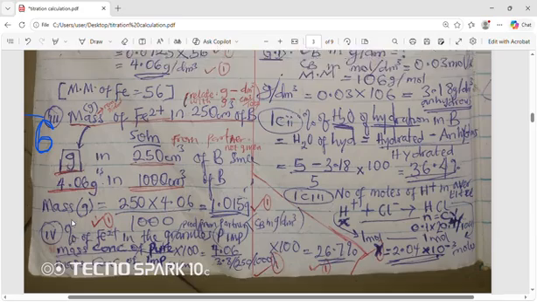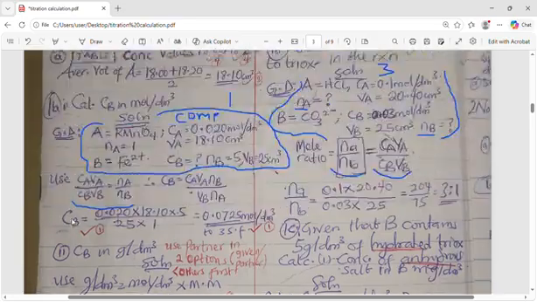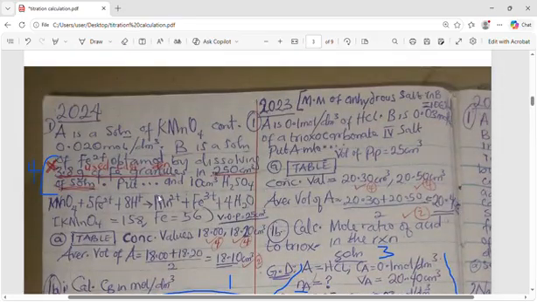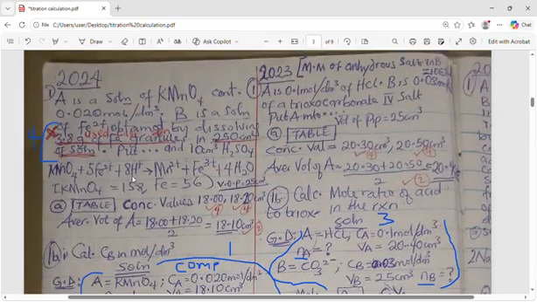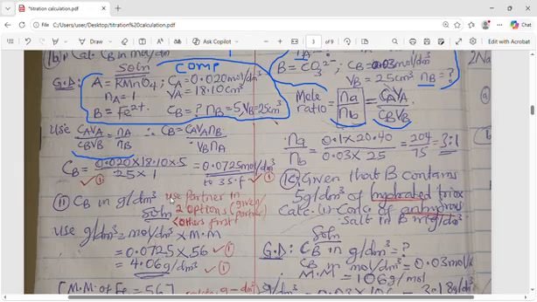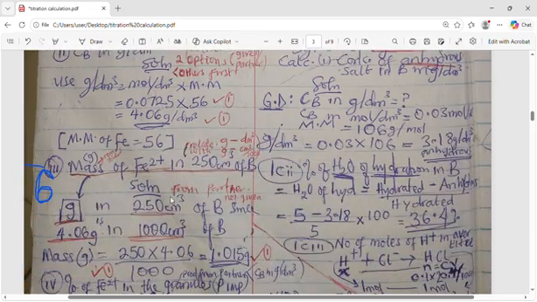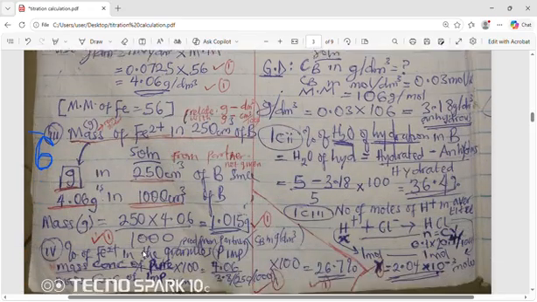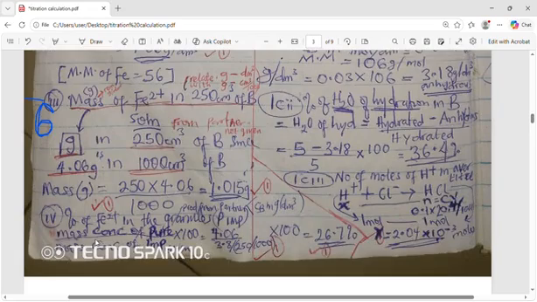So for this particular question, the 3.8 gram in 250, you will never come across it being used. You will never see it being used at all, not until we get to the end. And at the end, I use it as impurity. That's under 3.8 in 250 cm cube.